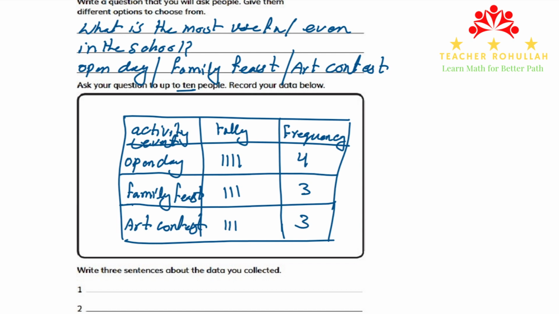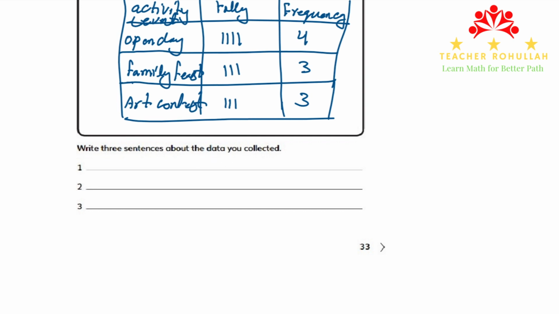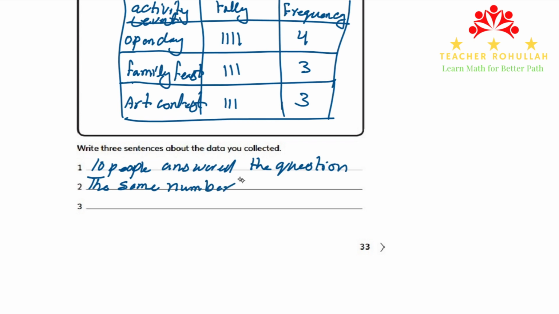Now the following statement says, write 3 sentences about the data you collected. The first thing that I can write is, 10 people answered the question. And the other one, the same number of people chose family feast and art contest.